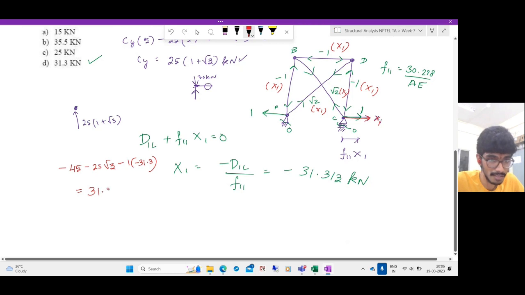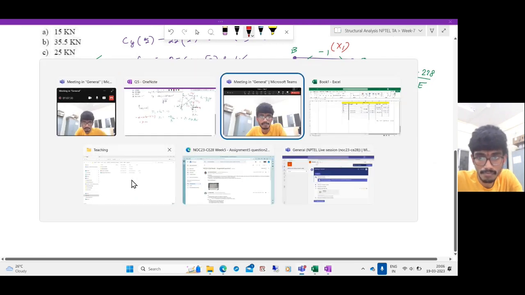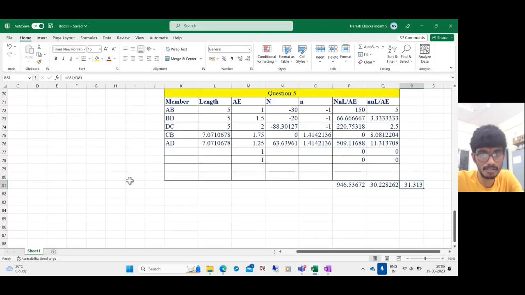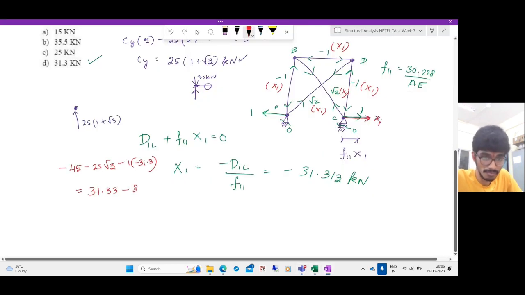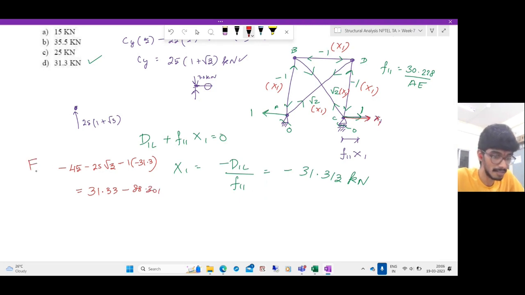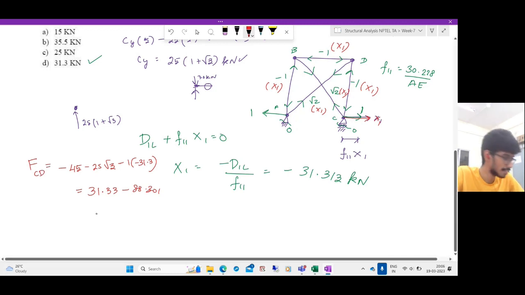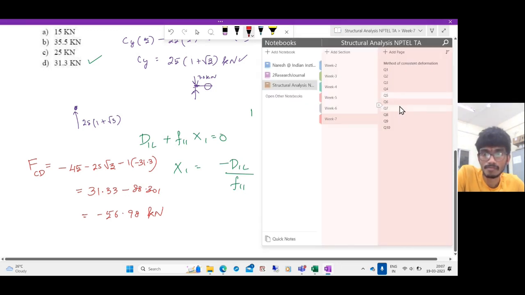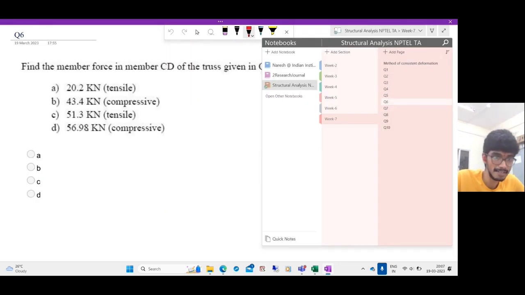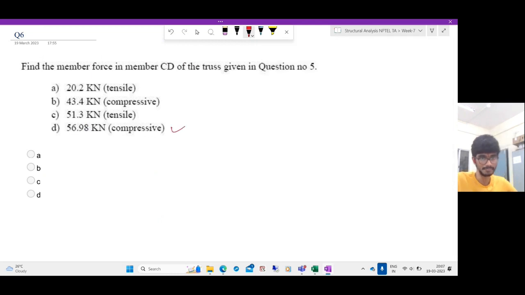We get 31.3 minus 88.30, which is the force in the member CD. And this is nothing but minus 56.98. So the correct answer here is 56.98 compressive.